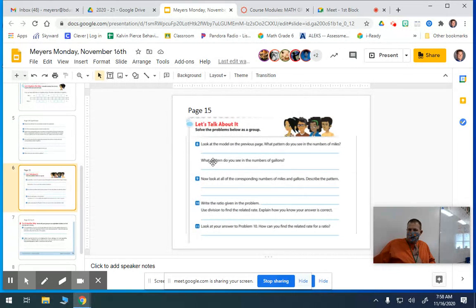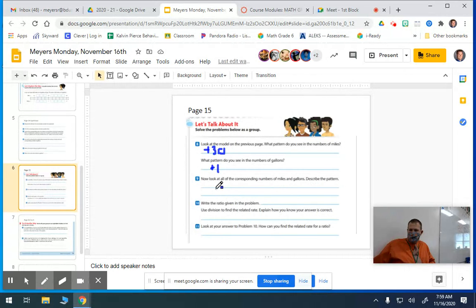Let's talk about it. Look at the model on the previous page. What pattern do you see in the number of miles? It's increasing by what? 30. Yep. So adding 30 or increasing 30 or plus 30. What pattern do you see in the number of gallons? It's plus 1 or increases by 1. Now look at all the corresponding numbers of miles per gallon.